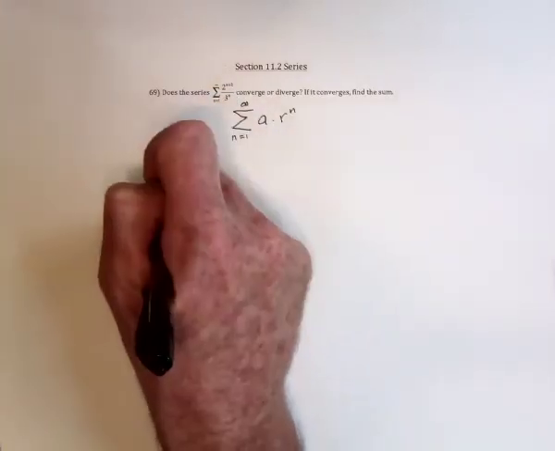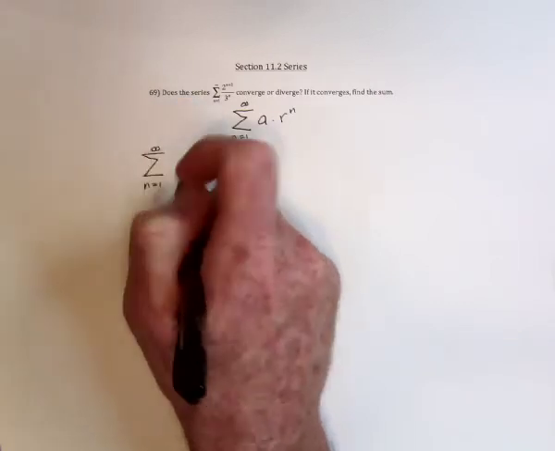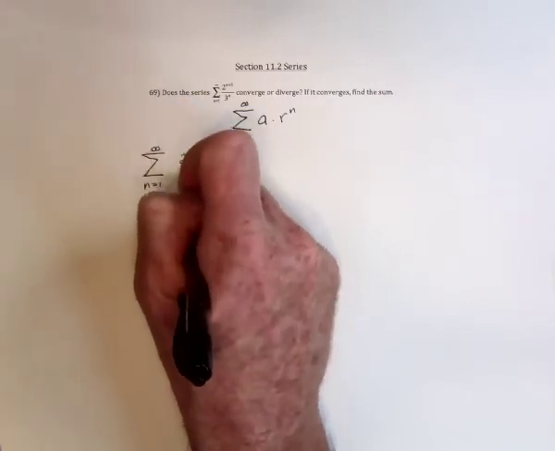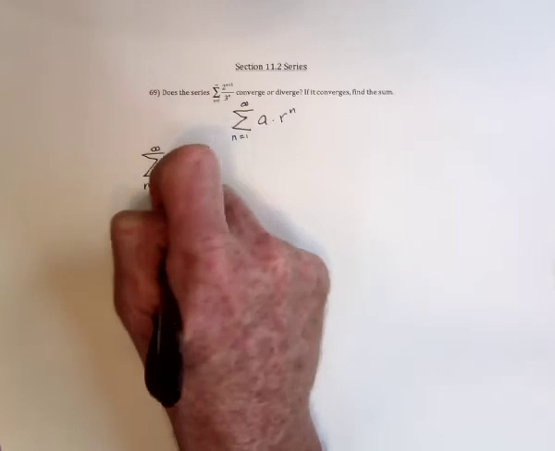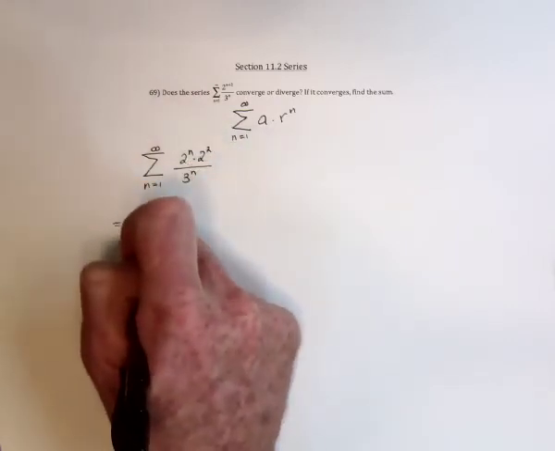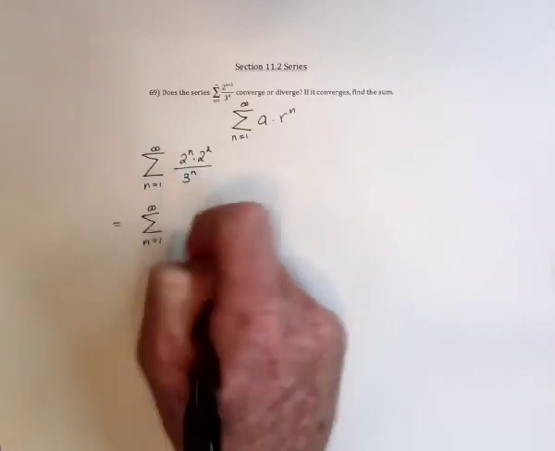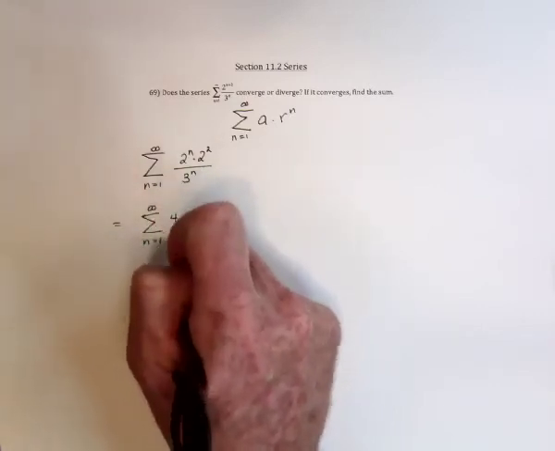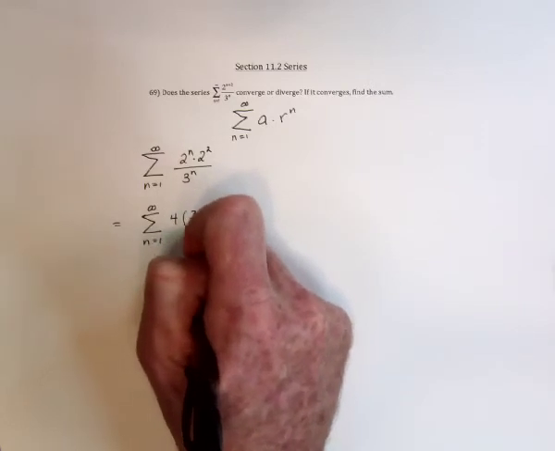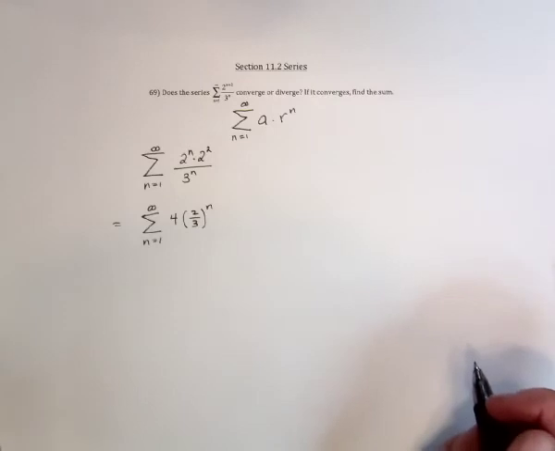So you could rewrite it as 2 to the n times 2 to the 2. Then the 2 to the 2, or the 4, you can put in front, and then this is 2/3 being raised to the n.